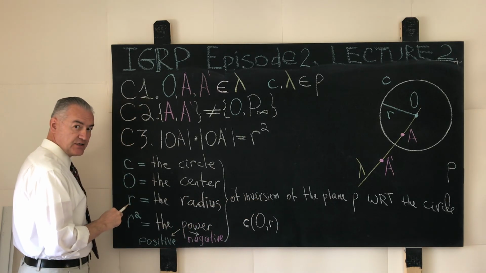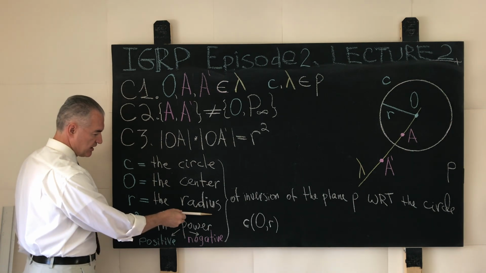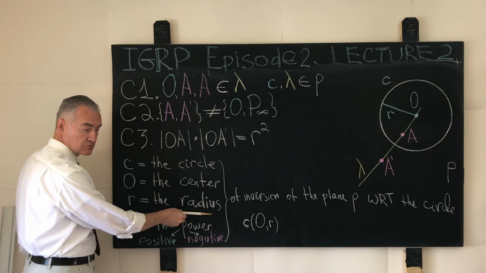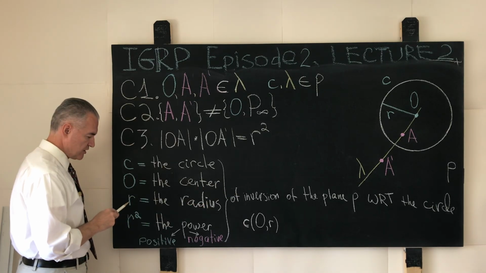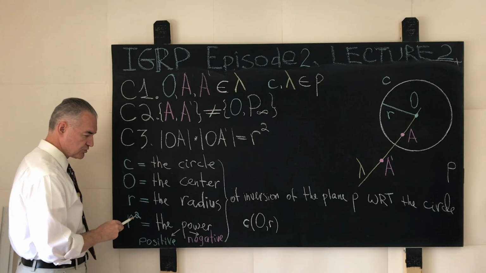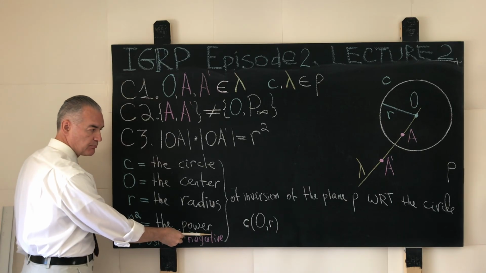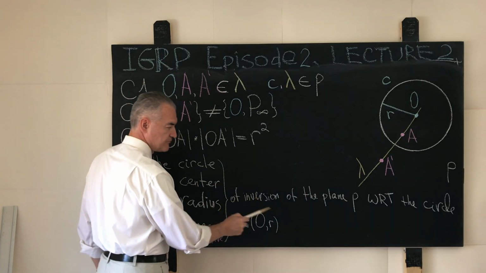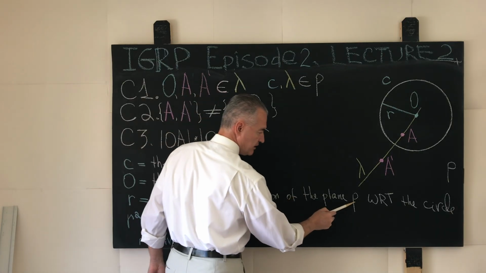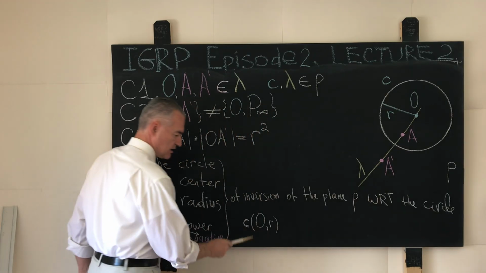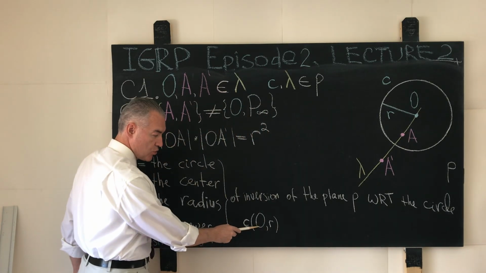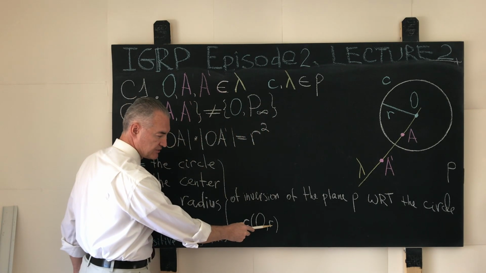The radius R is called the radius of inversion. And the square of that radius, r squared, is called the power of inversion of the plane P with respect to the circle C that has O as its center and R as its radius.